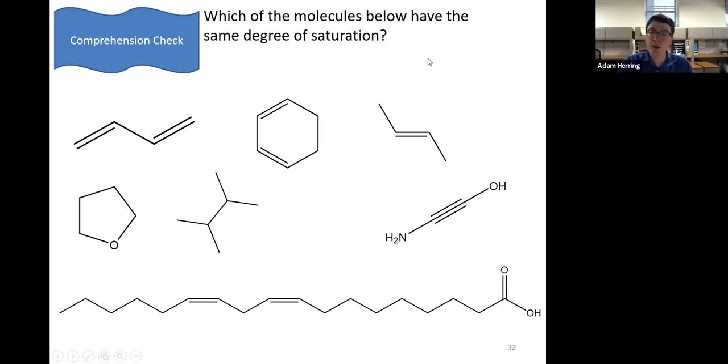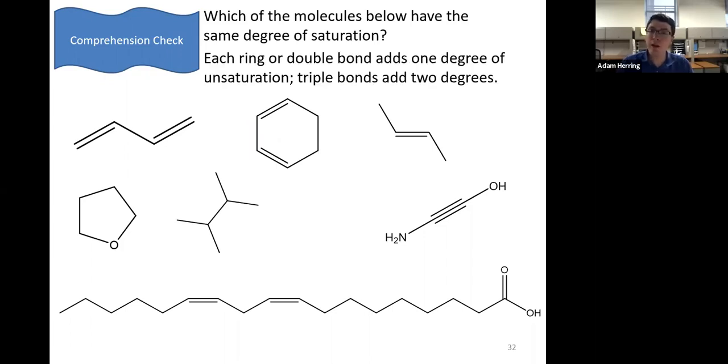We know that each ring or double bond adds a degree of unsaturation, and that triple bonds add 2 degrees of unsaturation. So we're not looking at which of these have the same molecular formula, but rather which of these have the same number of double or triple bonds or rings or combinations thereof.